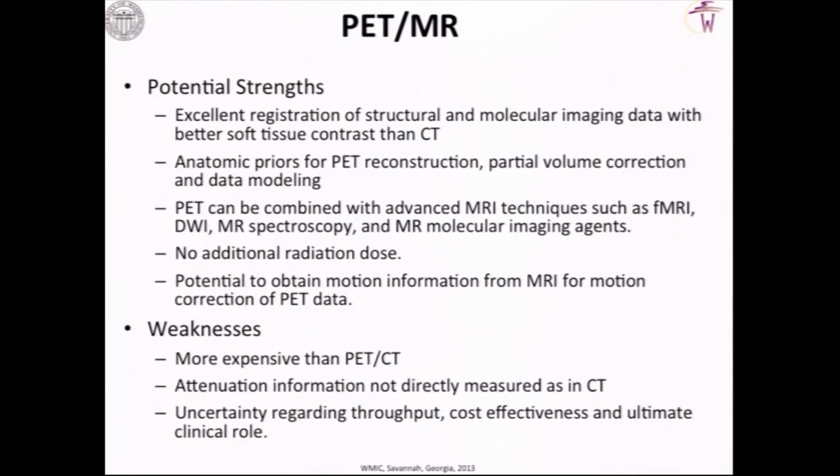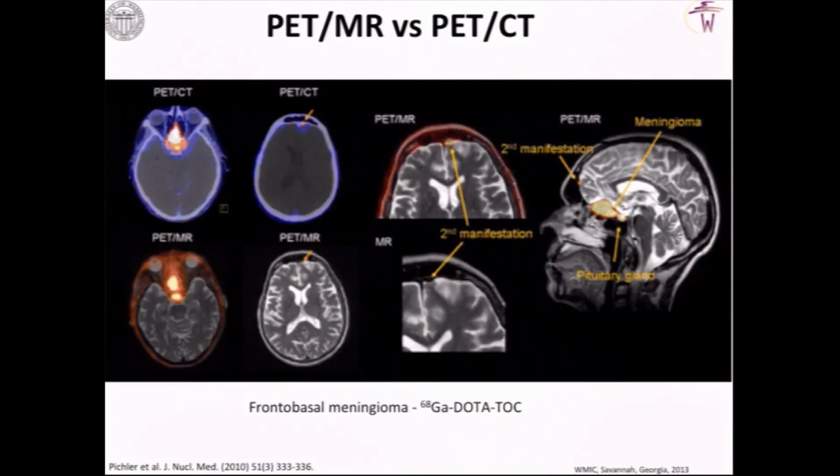The other thing is that the attenuation correction is not directly measured in MR, so you get this really nice image, but it doesn't really contain any attenuation information, so you have to kind of figure out a way of doing that. So right now, just in terms of the cost, it's unclear what the clinical role for PET MR will be. Okay?